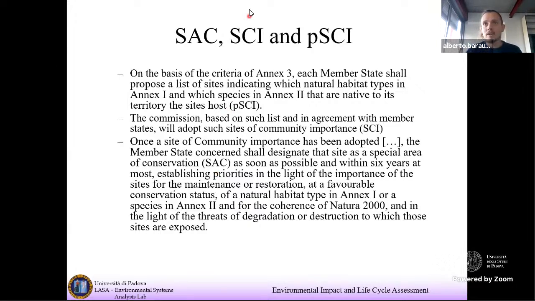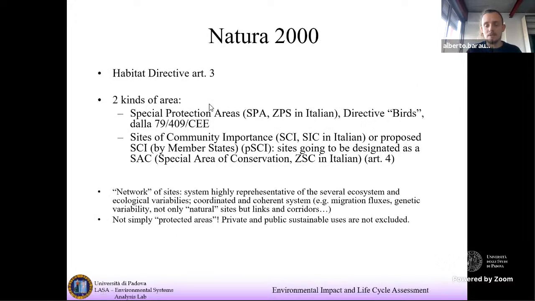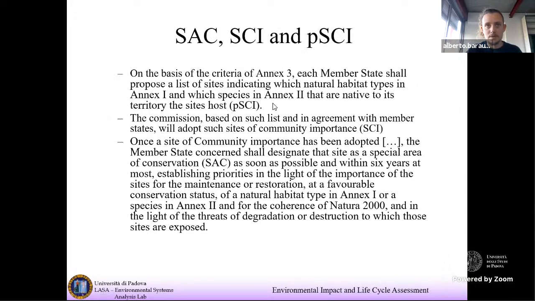The important thing about this definition, which I understand can be confusing, is that you have to do an appropriate assessment for sites of community importance, for special areas of conservation, and also for proposed sites of community importance. The appropriate assessment, the valutazione di incidenza procedure, applies to all three types of sites.